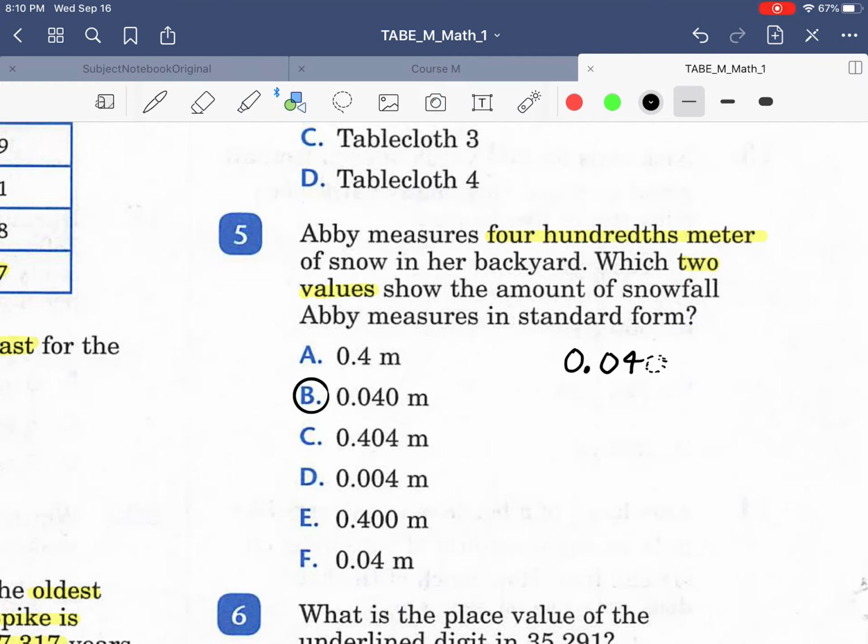That's not what we're looking for. D is 4,000ths. That's not what I'm looking for. E is like A. It reduces to 4/10. F is the one that I need. So the two that match my answer, 4/100ths, are B and F.